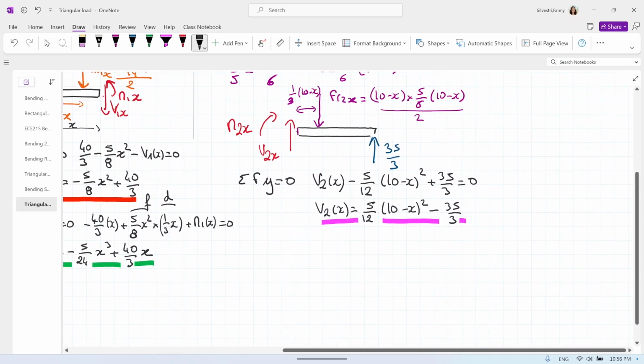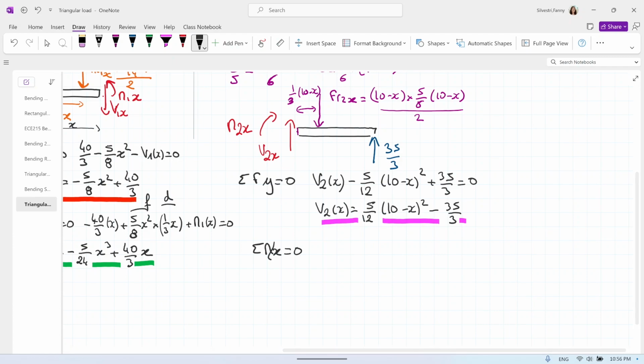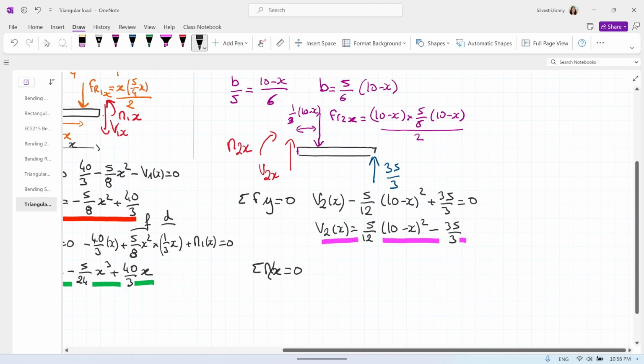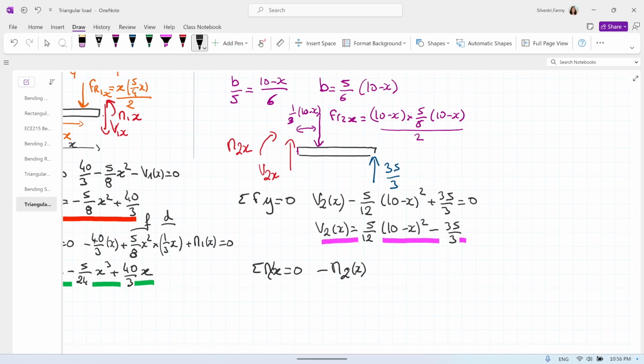So we have the sum of the moments about x equals 0. About x, we have minus the moment M2 of x, because the moment M2 is negative. FR2 creates a negative moment about x, so minus 5/12 times (10 minus x) squared. This is the force. Now we need to multiply by the distance.